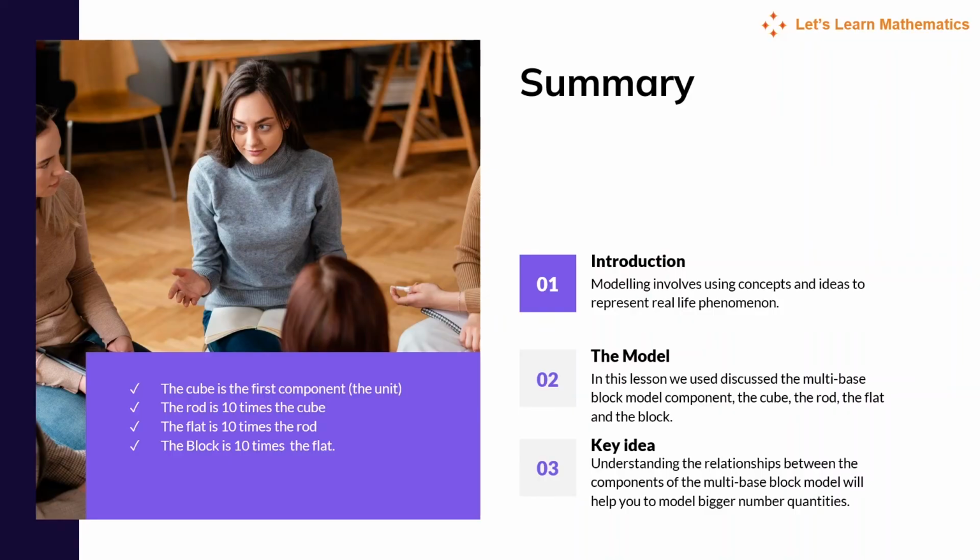That means 100 rods will give you one block, and then 10 flats will give you one block. Know the relationship between these four components so that you'll be able to get the value of one when you know the value of the other.